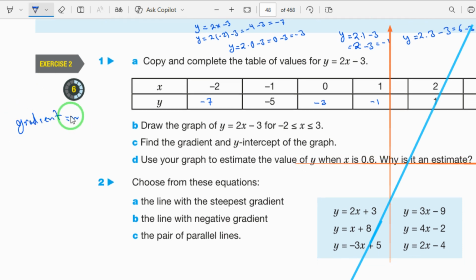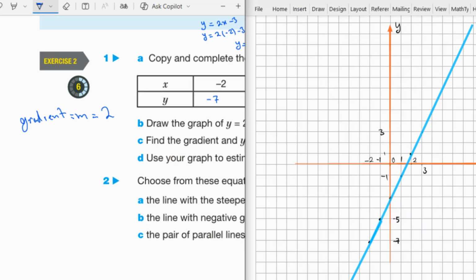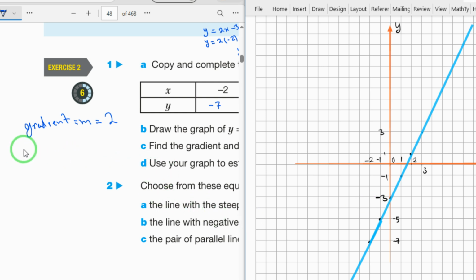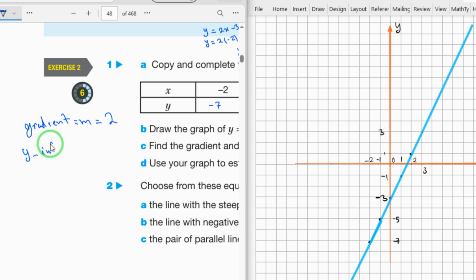We usually show it by m equals 2. This is the gradient. And the y-intercept is here, minus 3, the point where the graph intersects the y-axis. So the y-intercept is equal to minus 3.